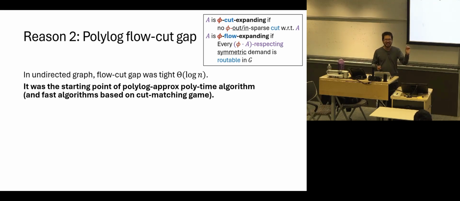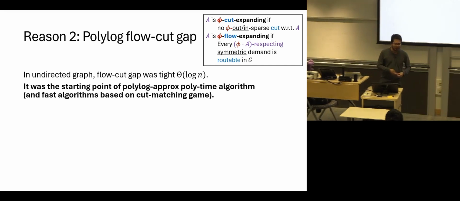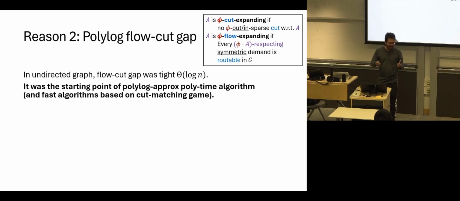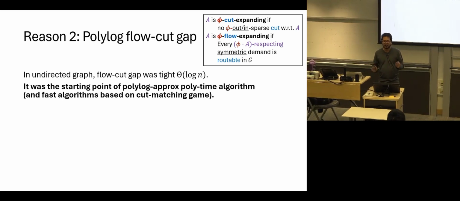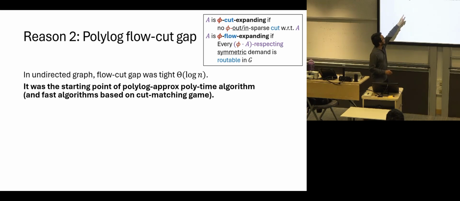But without this, you cannot really hope for a fast algorithm with polylog approximation ratio. All the objects that we talk about, like tree flow sparsifiers, have polylog quality. The reason we have this is that the flow-cut gap is the starting point.